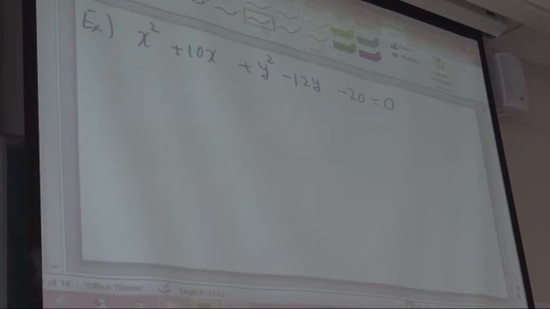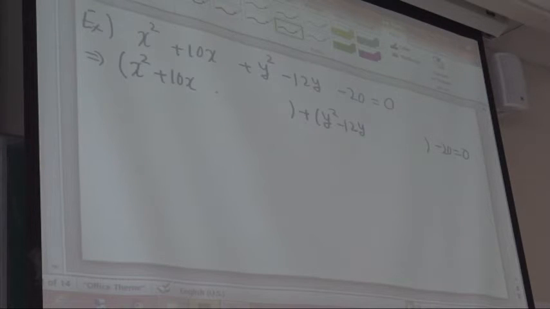So, we group the x squared plus 10x and leave a space, y squared minus 12y and space and -20.